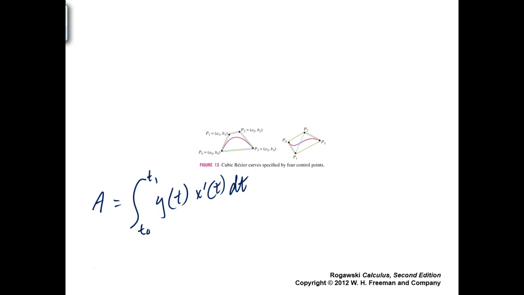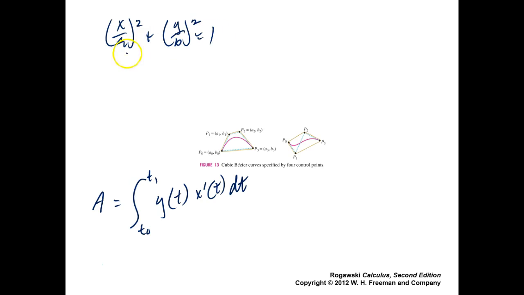Example 11. Find the area inside the ellipse of example 5. Example 5 was back on page, it looks like, actually it looks like to me that's example 6. No, here it is. It is example 5 of this ellipse. Okay, I'm going to write it down the way they did. x over a squared plus y over b squared is equal to 1.